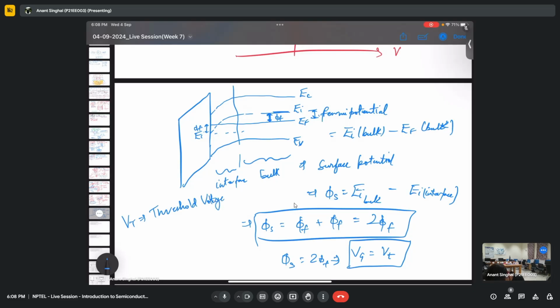So basically at phi s equal to 2 phi f, we have the gate voltage equal to the threshold voltage, or at Vg equal to Vt, the surface potential is equal to twice the Fermi potential. Is it fine with everyone? If it is fine, then we can do some numericals now or some more theoretical problems. Shall we move ahead?